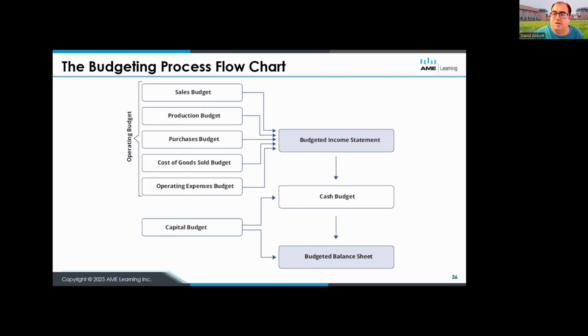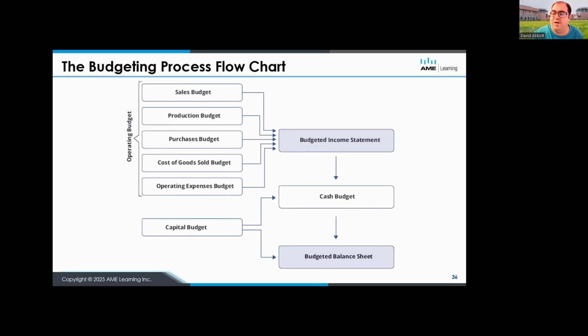Parts of our operating budget are our sales budget, our production budget, our purchases budget, our cost of goods sold budget, and our operating expenses budget. All of those items lead to our budgeted income statement, which will then also affect our cash budget. And then obviously at the very end of that, it's going to affect our balance sheet.